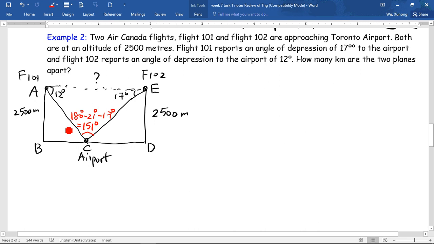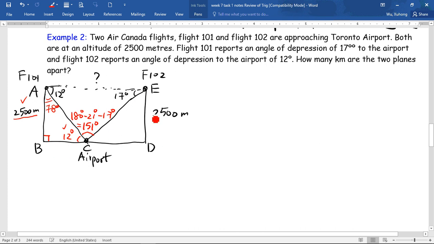So we want to use one of the triangles. We may use triangle ABC. We have one side given, and this is 12 degrees. We could use 90 minus this 12, which gives you 78 degrees. Or we could use the Z pattern to find this one is equal to this 12. So you have 2 angles given in this triangle. We want to use this triangle first because it has angles and the length of one side given.